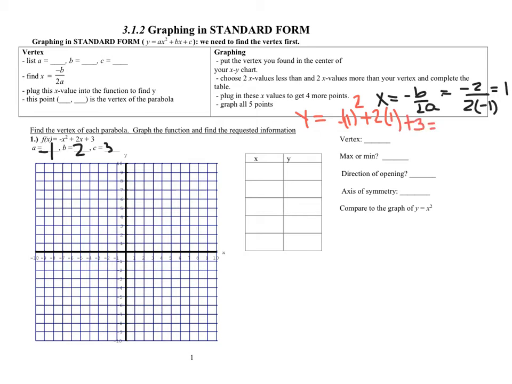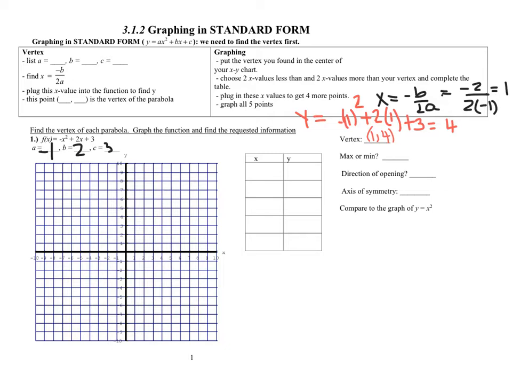So what do we get when we do that? This is negative 1, this is 2 plus 3, 6, so we get 4. That means the vertex is going to be at (1, 4). So that's the vertex right there.